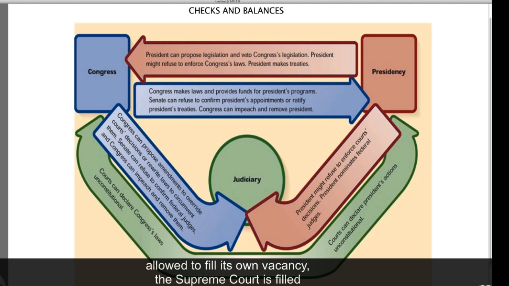The Supreme Court is filled with people that I'm sure have friends and colleagues that they think would be very good for that vacancy. But they are not allowed to nominate nor authorize someone to sit on the Supreme Court. Rather, that is the job of the presidency. The president nominates someone to fill that position. And so that is what we call a check on the judiciary.